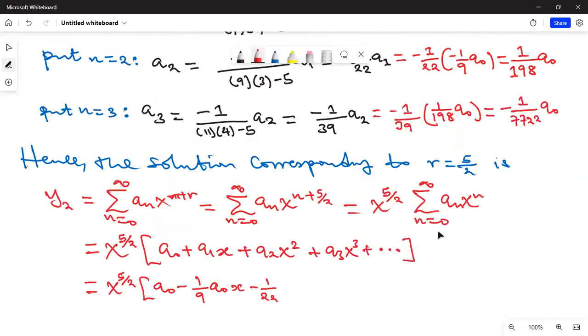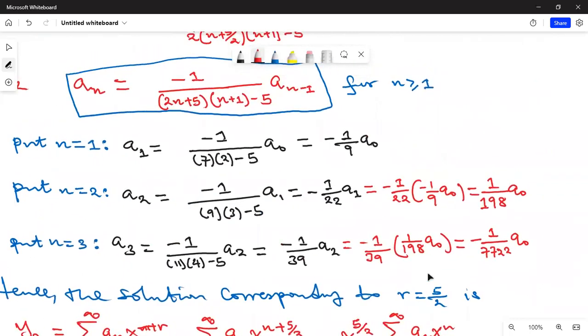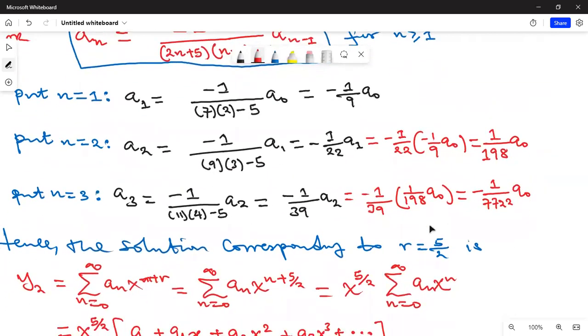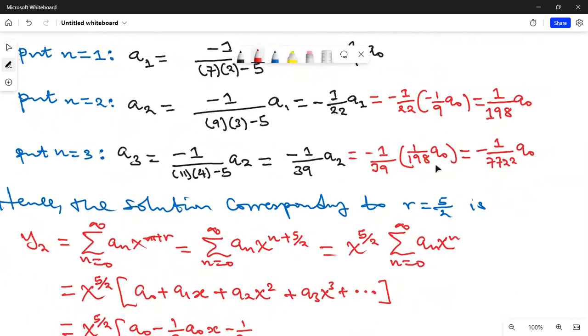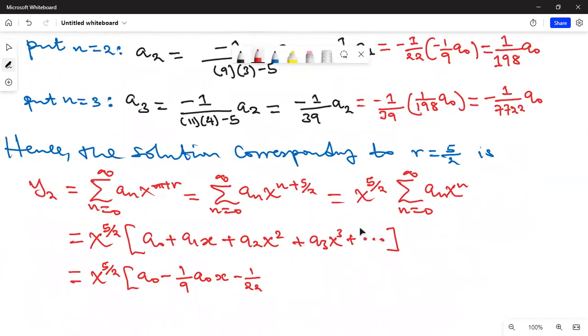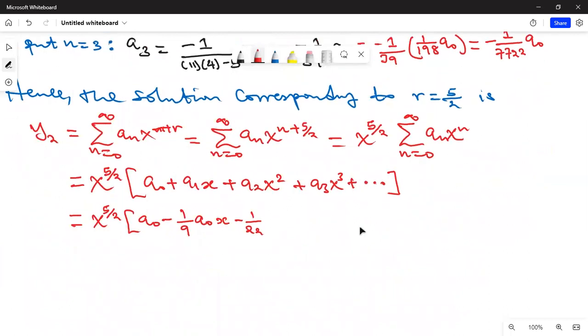Let's check. A1 was negative 1 over 9. We don't know a naught. A2, we have found positive 1 over 198. So let me replace it here. It was positive 1 over 198.